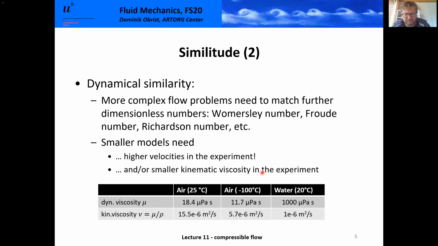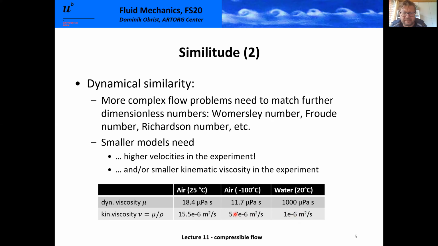So how can we do this? Well, let's look at this table down here. Let's look, for instance, at the kinematic viscosity of air at 25 degrees Celsius. We had a value of 15.5 times 10 to the minus 6 square meter per second, which is 15.5 times higher than the viscosity of water, okay?